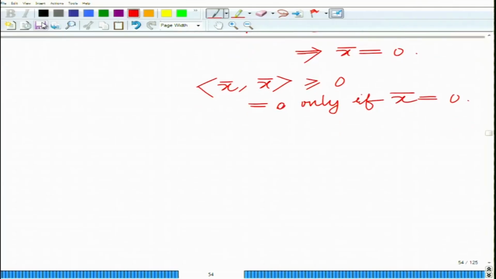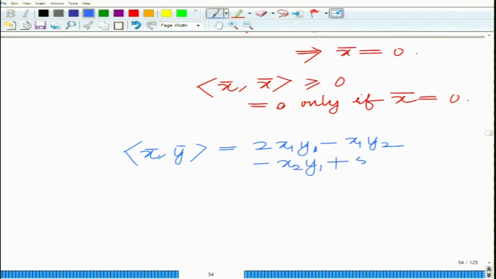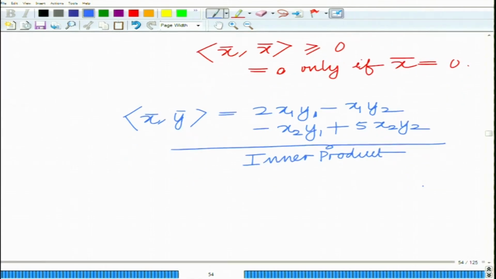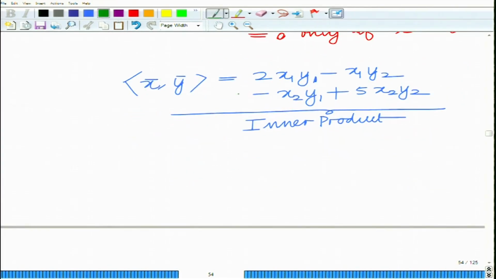So, finally, what we have is that x bar comma y bar equals 2 x1 y1 minus x1 y2 minus x2 y1 plus 5 x2 y2. We can now claim that this is a valid inner product, and this is not a coincidence. In fact, such an inner product can be constructed by observing the following thing.